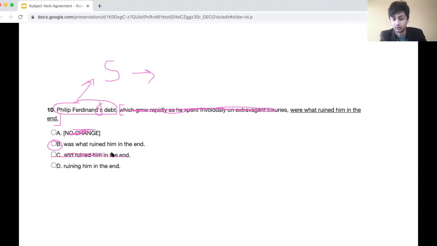So C is wrong. Philip Ferdinand's debt, which grew rapidly as he spent frivolously on extravagant luxuries, ruining him in the end. This is known as a gerund. And a gerund, 99% of the time, is going to be wrong. That's important to realize because gerunds are verbs that end in ing: running, cooking, swimming.